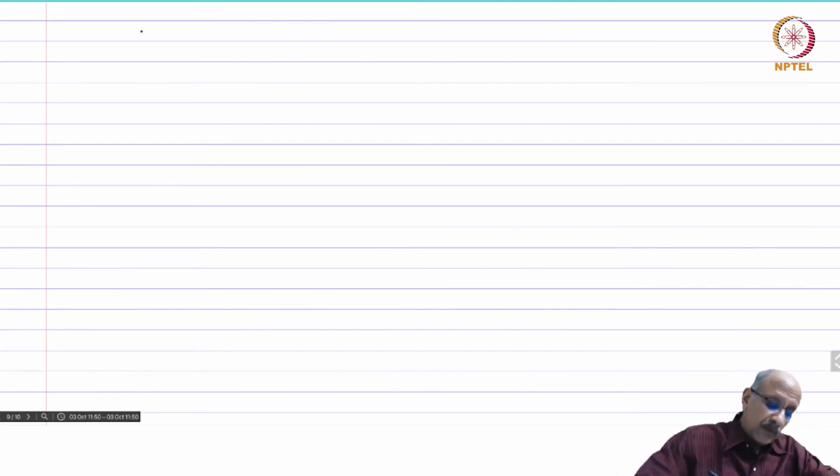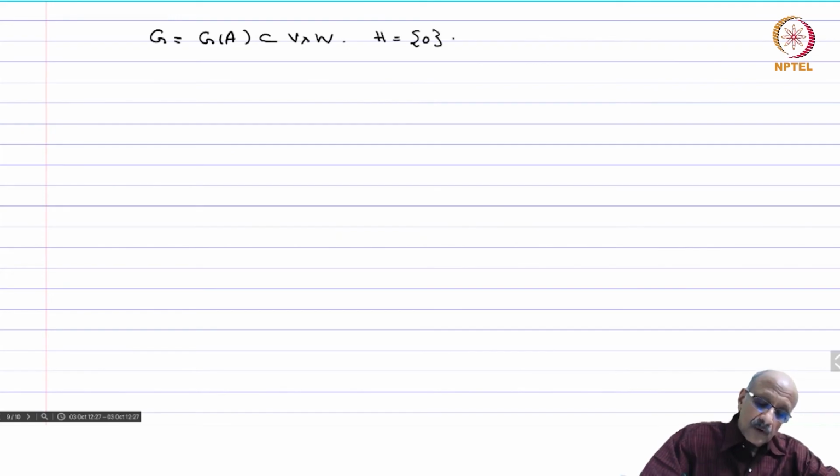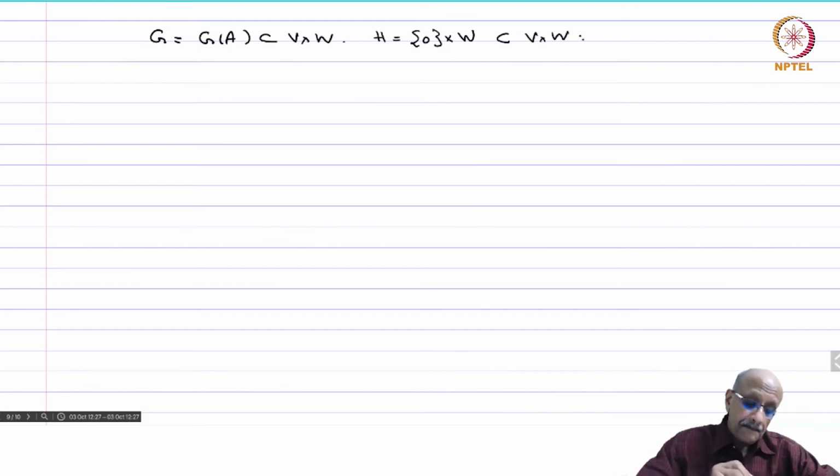Now we will set G to be G of A, the graph of A, which is contained in V cross W, and H to be 0 cross W, which is again in V cross W. Now, by hypothesis, this is closed and this is trivially closed, so there is no problem.